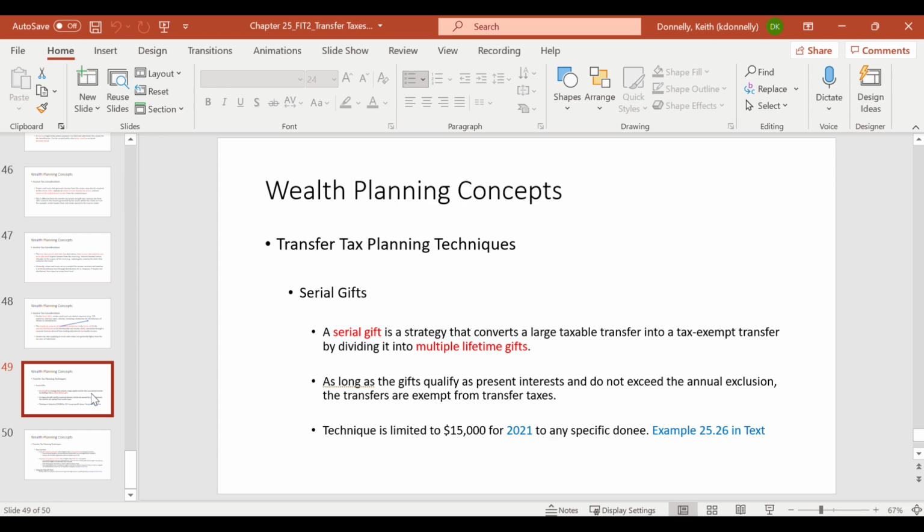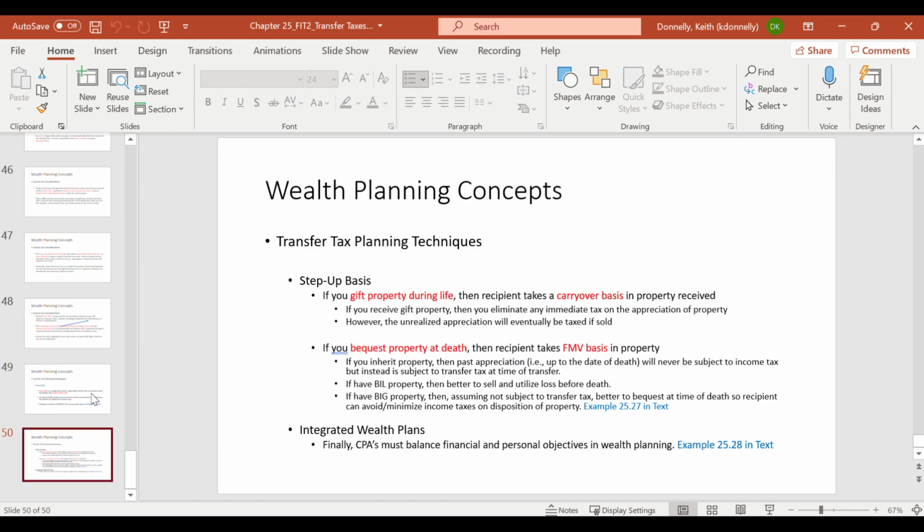Instead of giving it all at your deathbed, where it will all be subject to the exemption equivalent, or all be subject to the estate tax because you're a multimillionaire, dish it out over your life, take advantage of that 15 grand per year per person. You can really give a lot without having to pay tax on it. So that's the idea of a serial gift.